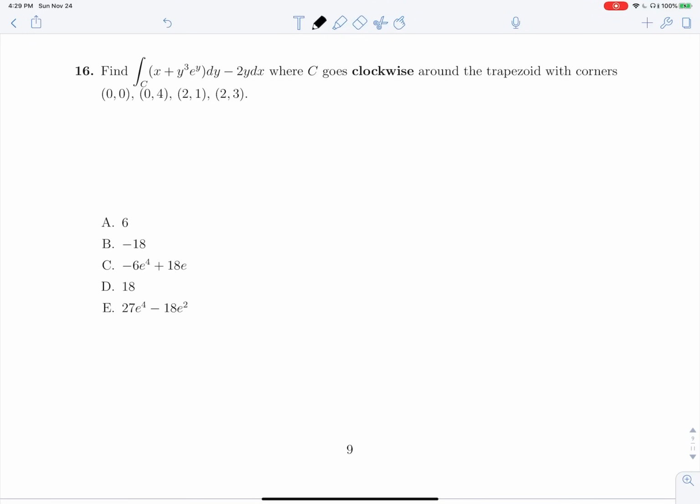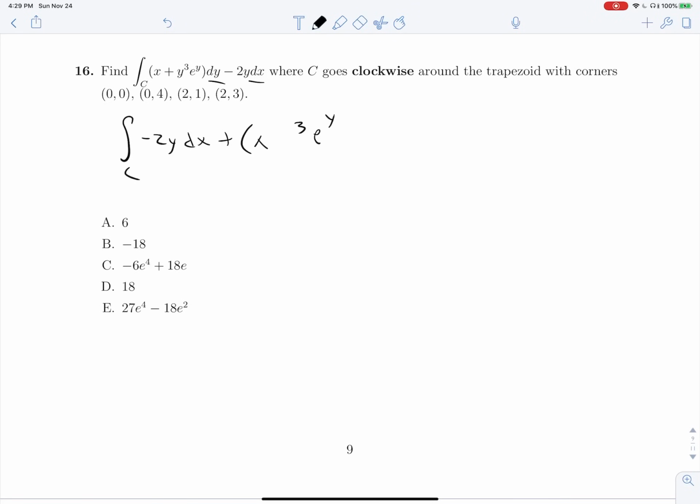Question 16. This is looking like a pretty good candidate for Green's theorem. We can rewrite it in the terms that we normally see it. See how they put dy dx? We can write this as the integral over c of negative 2y dx plus x plus y cubed e to the y dy.